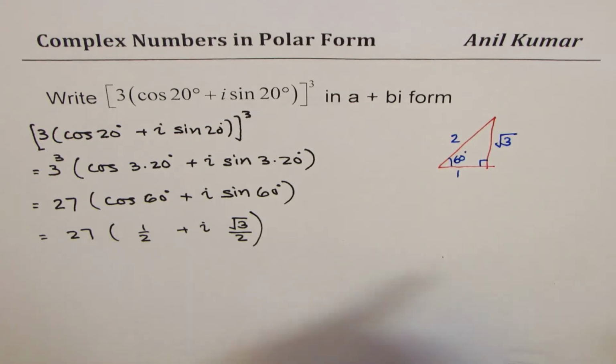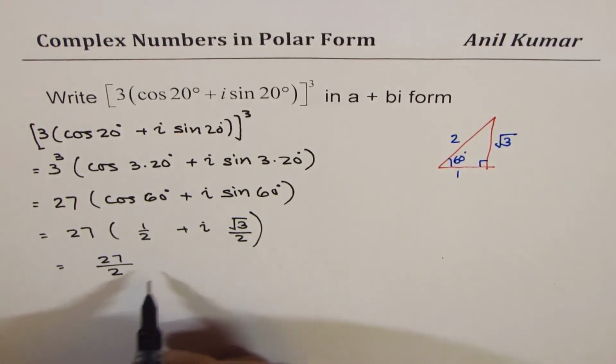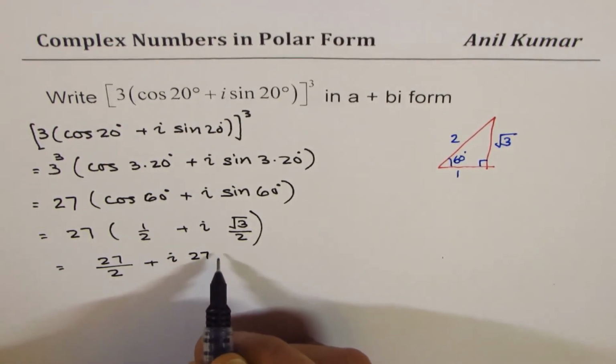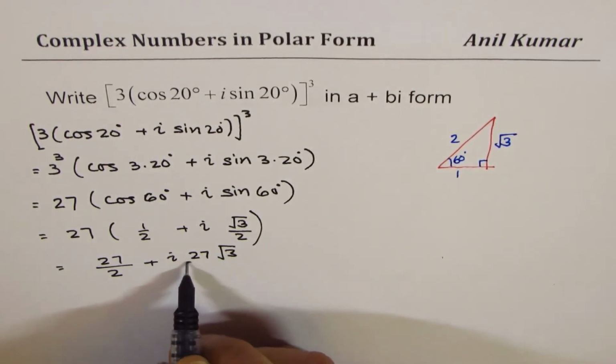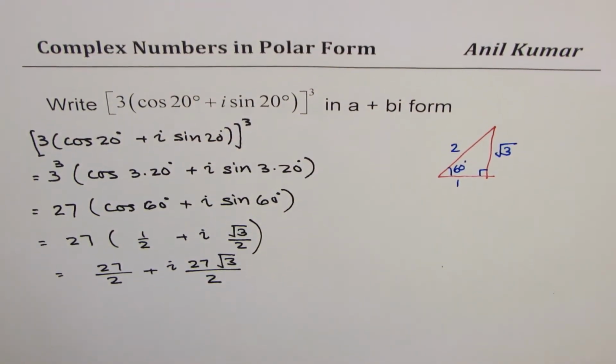If I open the bracket, I get 27 over 2 plus i 27 root 3 over 2. So that is the complex form a plus bi, where the magnitude is 27. I hope that is straightforward. Let's move on and take a few more examples.